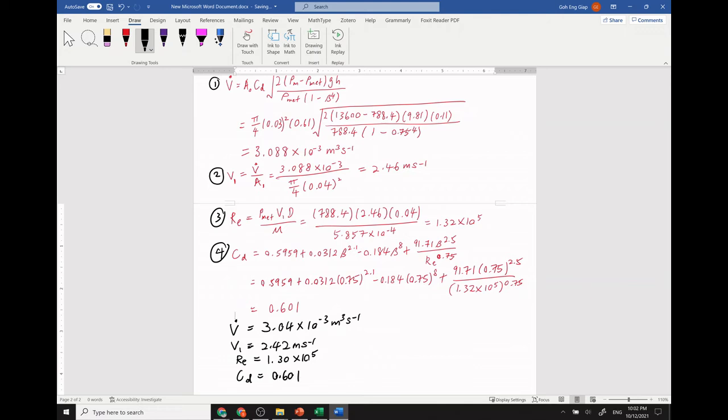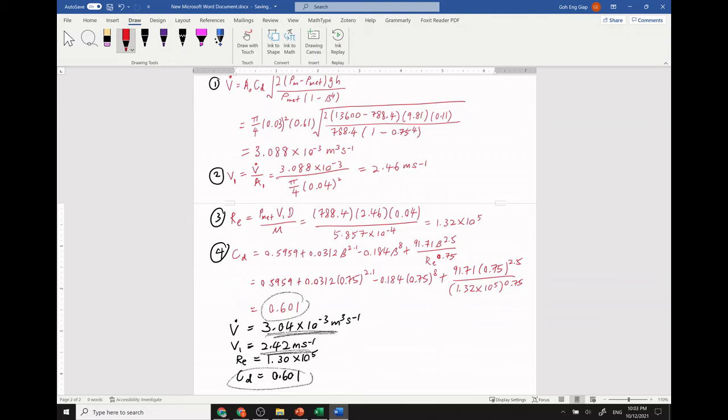So one of the things we notice is that now we have this CD value and this CD value, it's the same. Okay, same. So what does that mean? That means this value is correct.